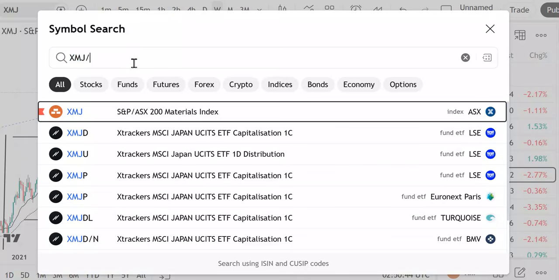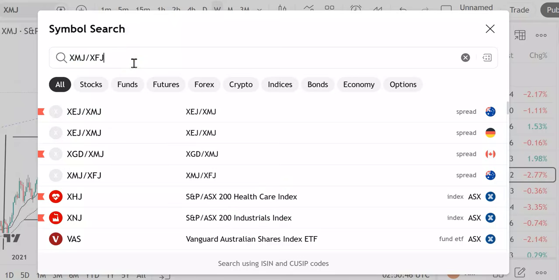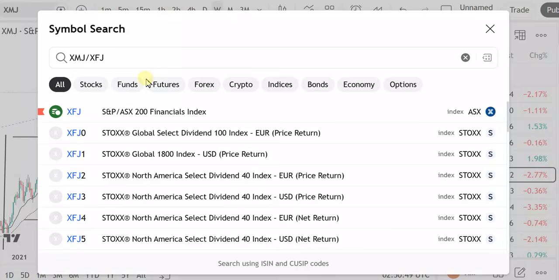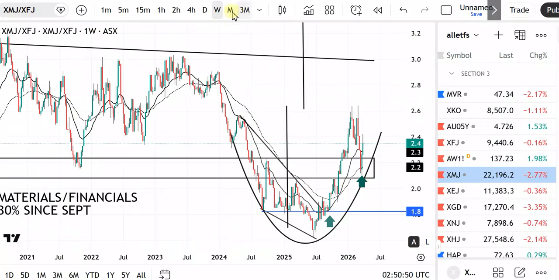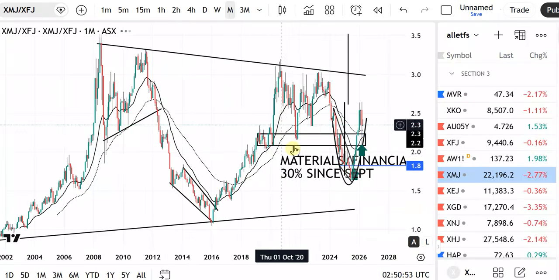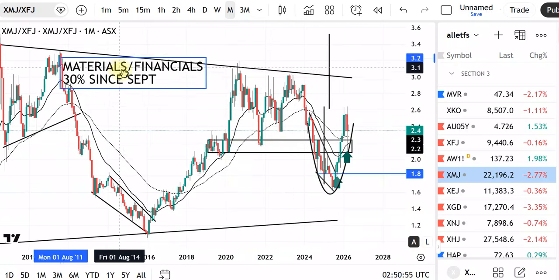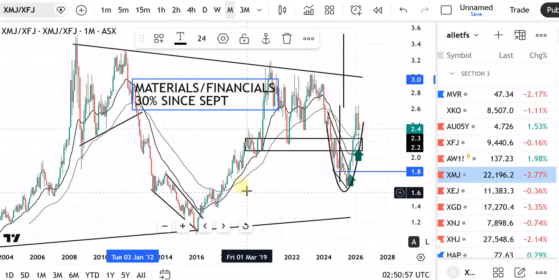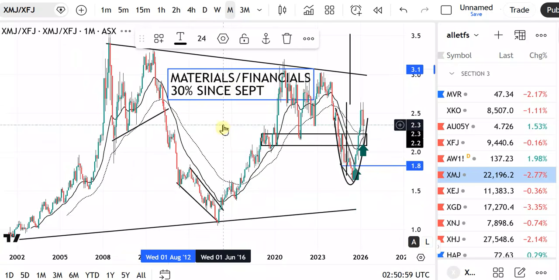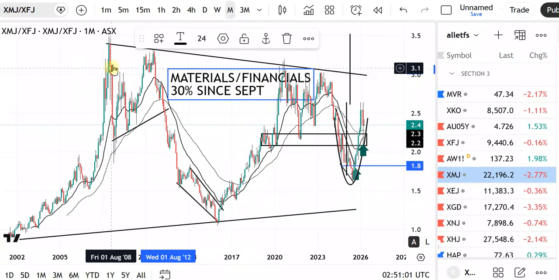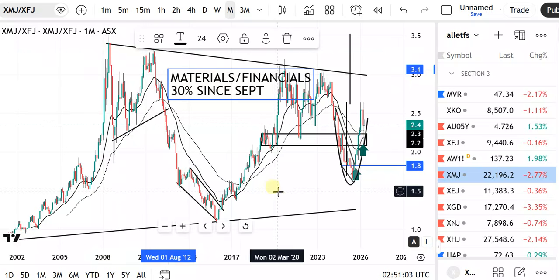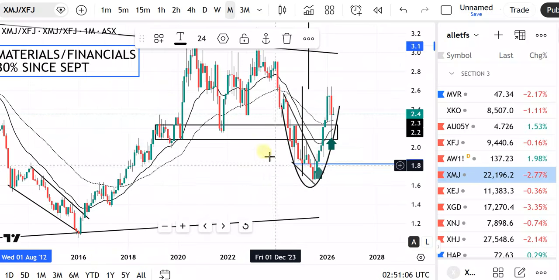If we compare it to the XFJ, so this is materials over financials, just go to a monthly. This is materials outperforming financials, and then vice versa.